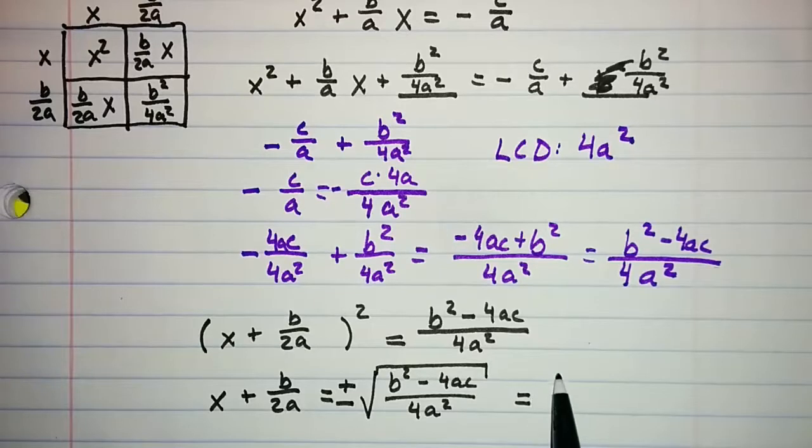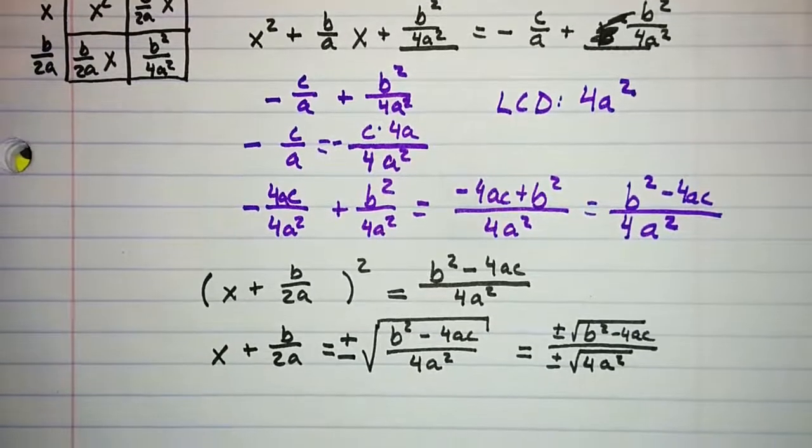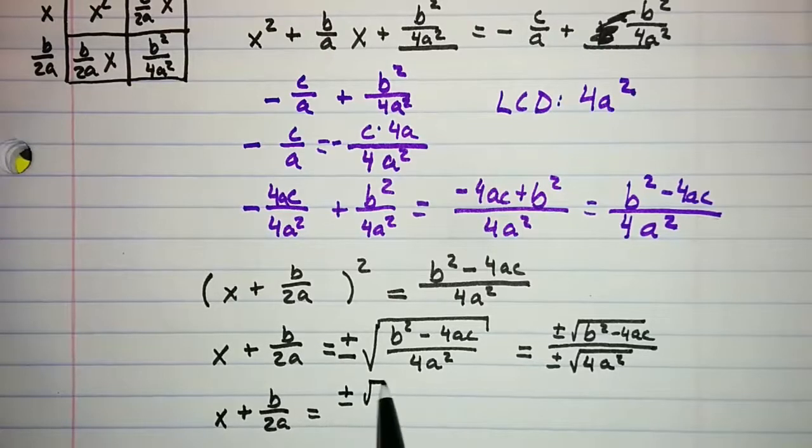Simplifying this square root, now this is a perfect square, right? The square root of a squared, that's going to be just a. Actually, it's the absolute value of a, but I've also got this plus or minus, so I'm going to leave out the absolute value. I've got x plus b over 2a equals plus or minus root b squared minus 4ac over 2a. That's nice, right?